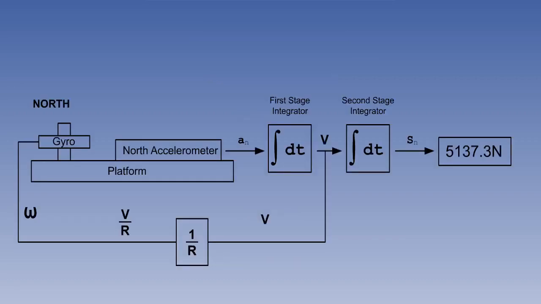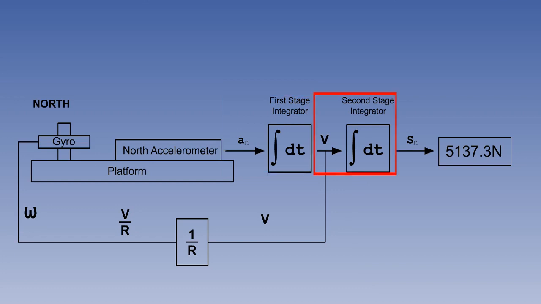Now that we see the need for Schuler tuning, we can look at the full data flow, including the V/R feedback loop. The accelerometer is mounted on a platform which is stabilized and north-orientated by gyroscopes. It detects accelerations which are passed to the first stage integrator.